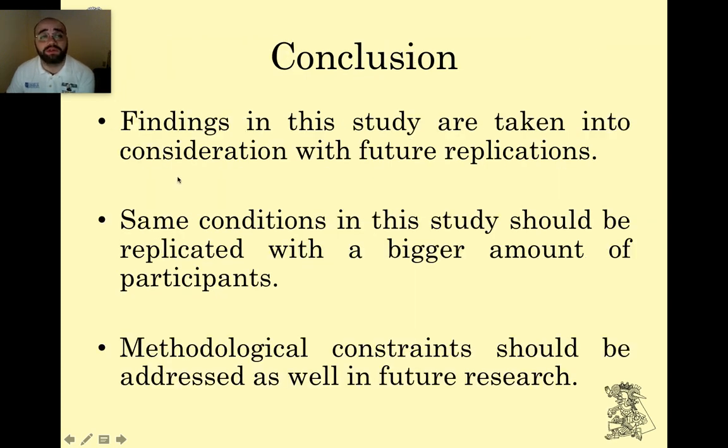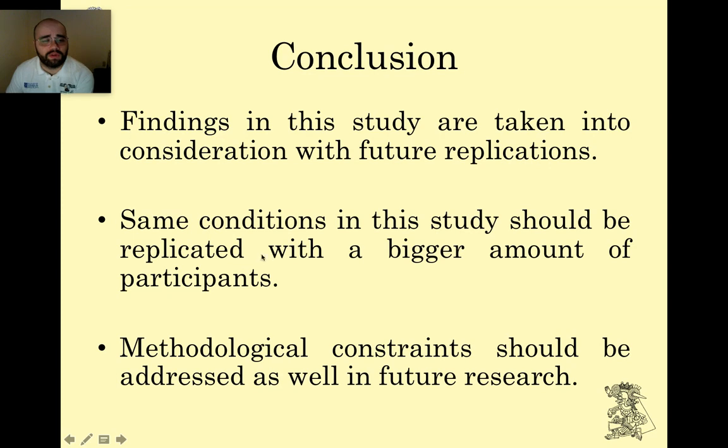So the conclusion is that findings in this study should be taken into consideration with further replications, as studies like this on subjective preferences in small children are really scarce.